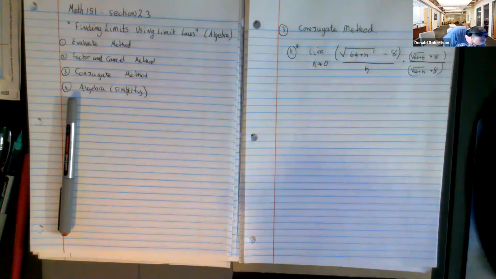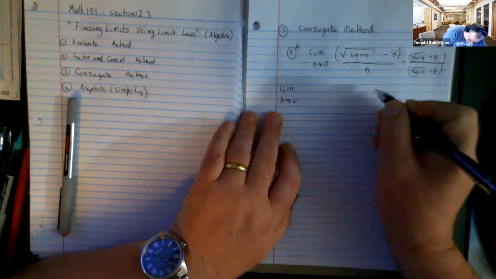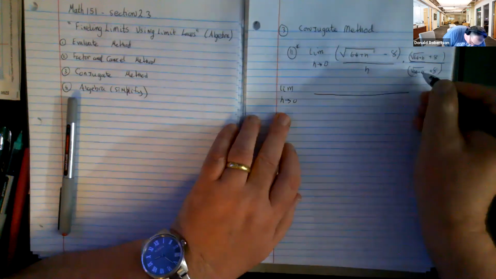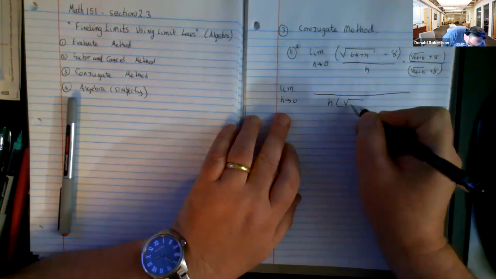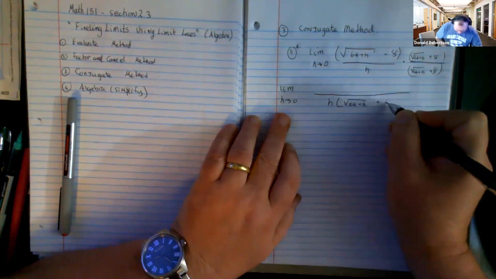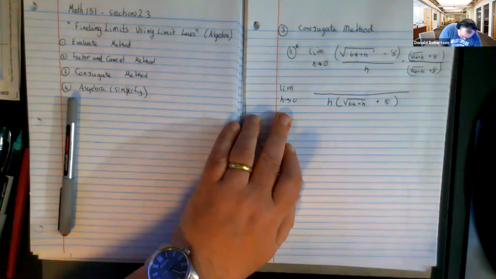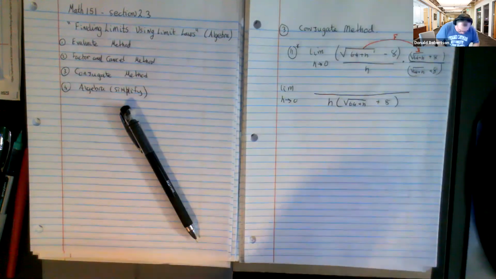So what we're going to do now is the bottom two, I'm not going to do anything. I'm not going to distribute it. I'm just going to write them down like that. On the other hand, I'm going to FOIL the top two. So let's see what that looks like.